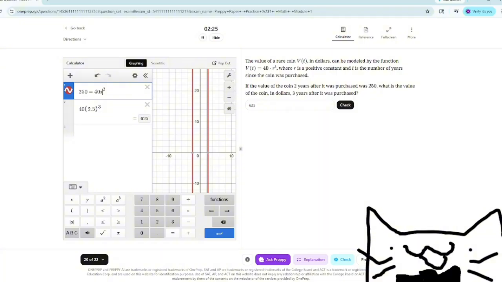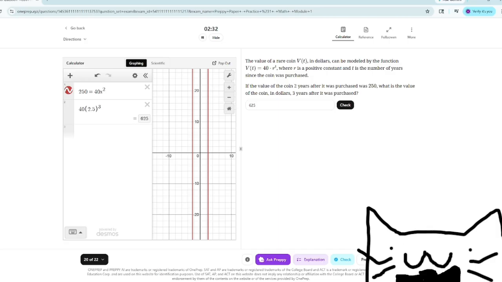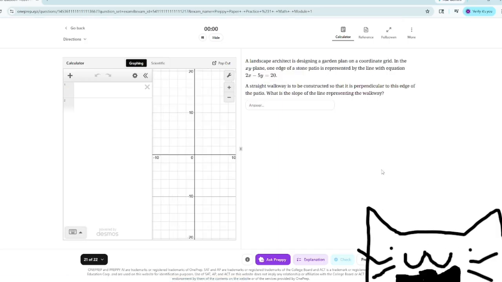Since R is 2.5 and cannot change because it's a positive constant, I cubed it because it's asking after 3 years what the value of the coin was. So 625.